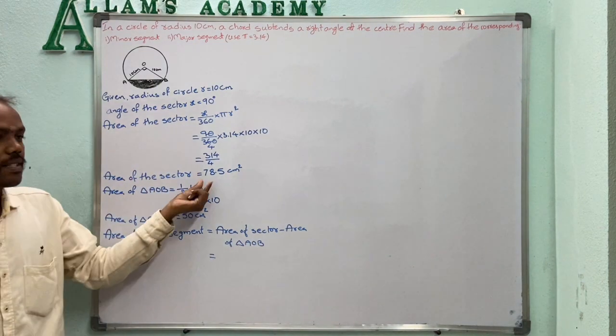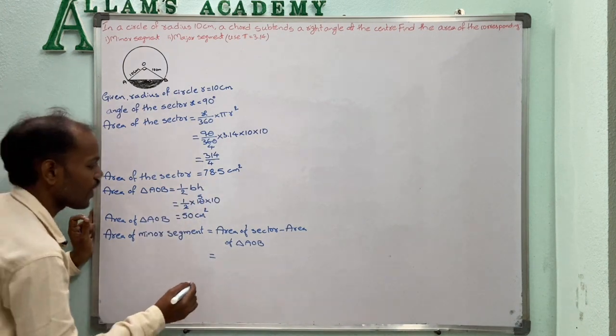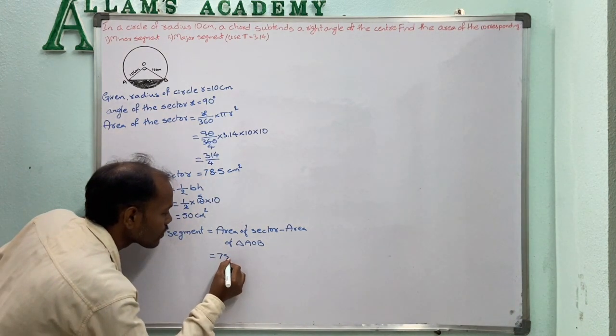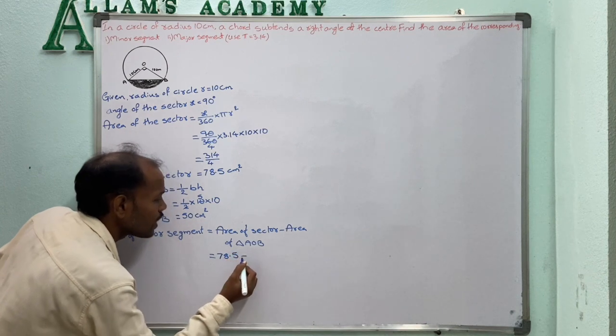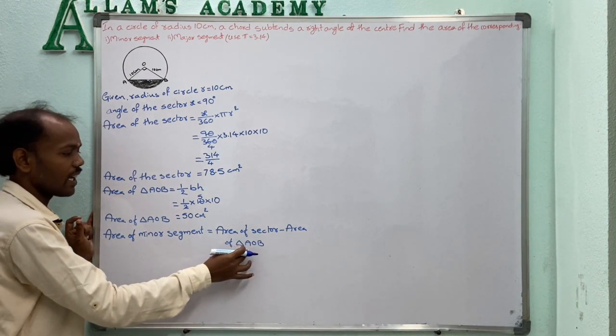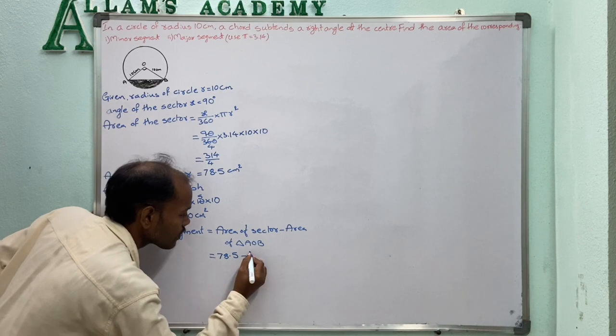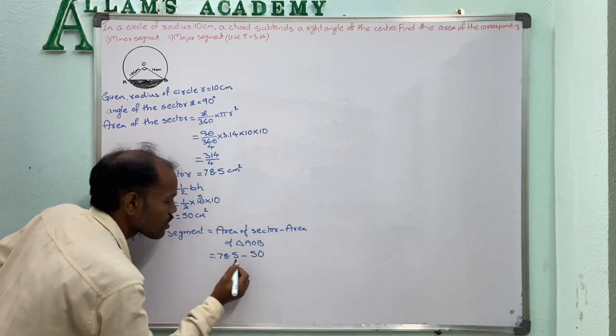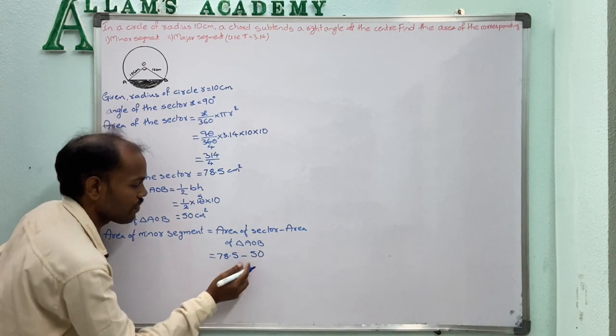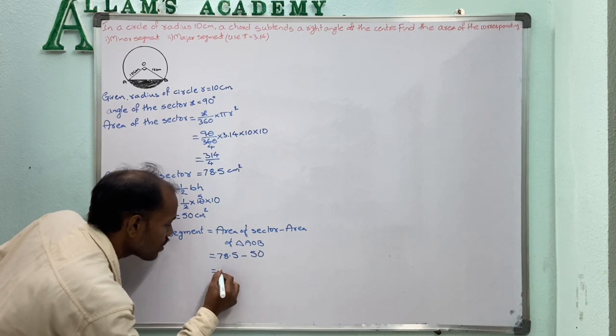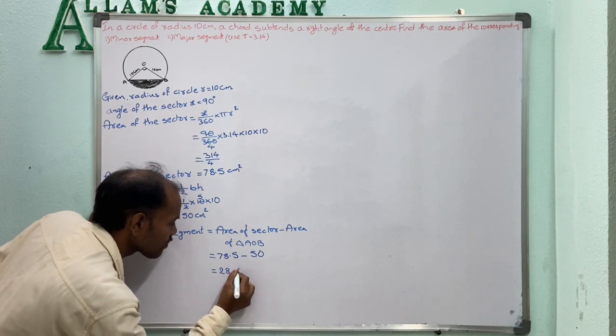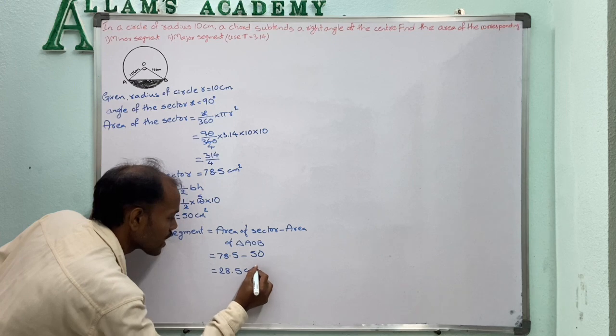Now the area of the sector is 78.5 and the area of triangle AOB is 50. So 78.5 minus 50 is nothing but 28.5 centimeter square.